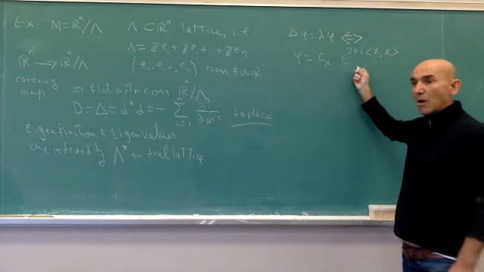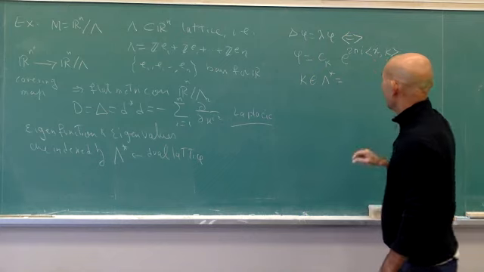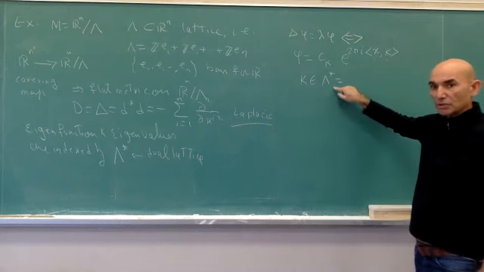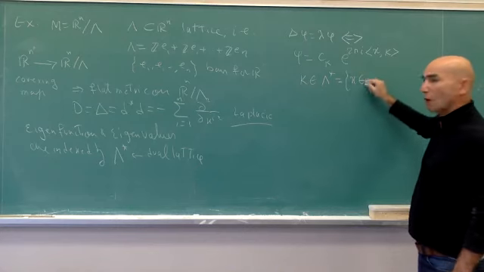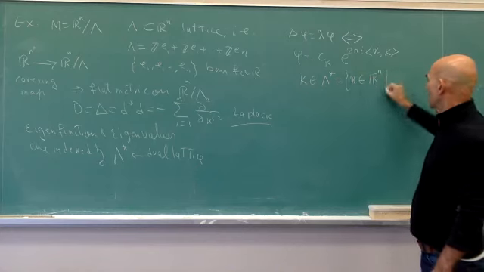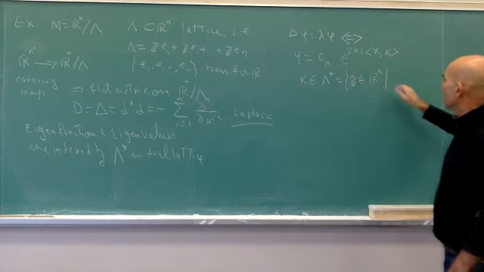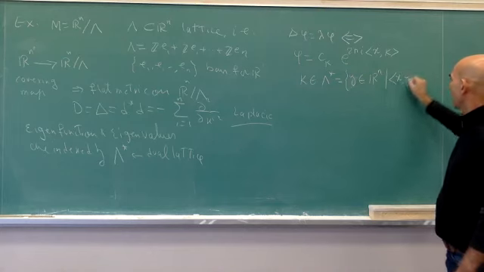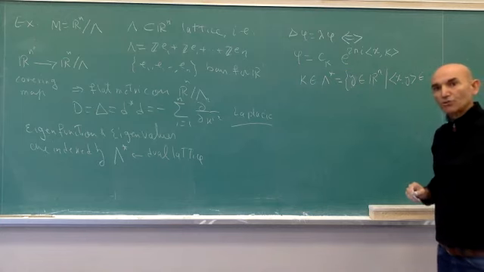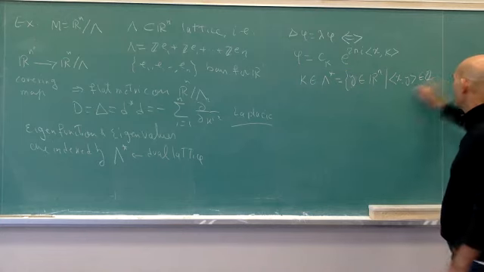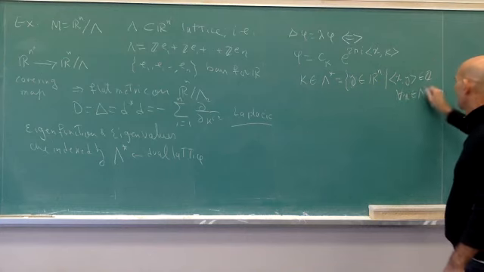But this k now belongs to the dual lattice. Recall its definition: the dual lattice is the set of all y belonging to Rn such that the inner product of x and y belongs to Z for all x belonging to the original lattice lambda.